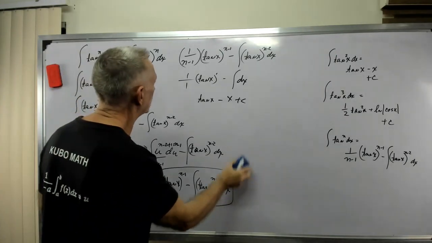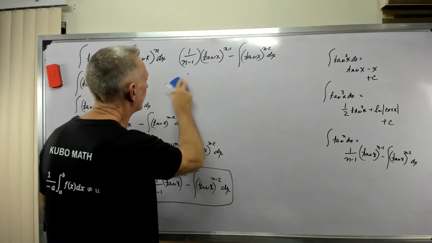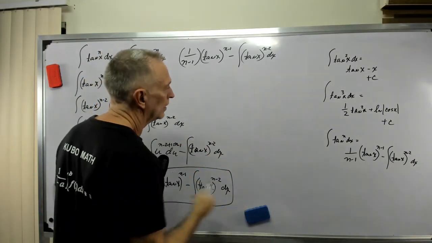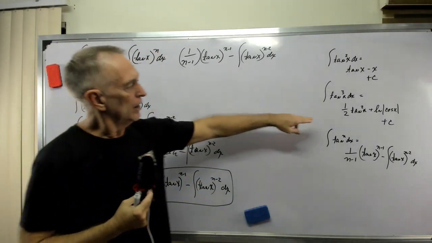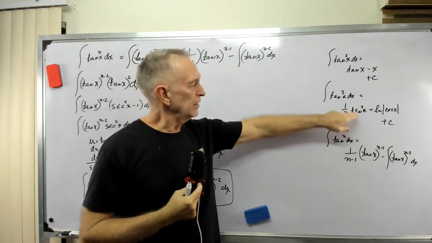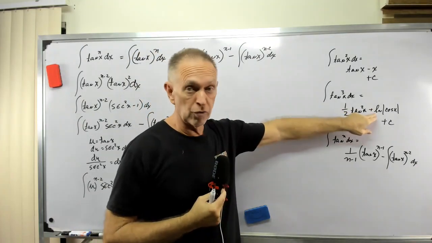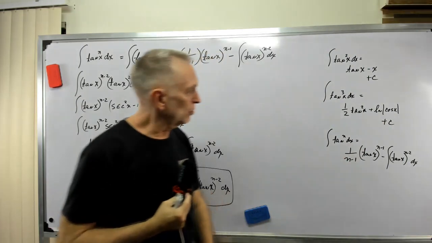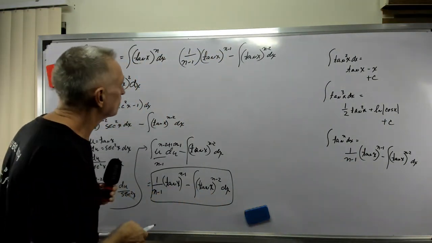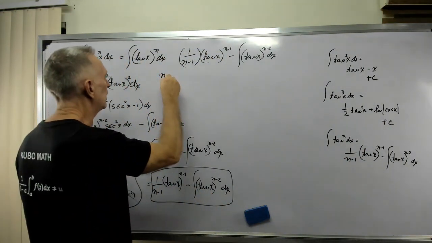Let's let n equal 3. We should get 1/2 tangent squared x plus a natural log of the absolute value of cosine x plus c. So n equals 3.